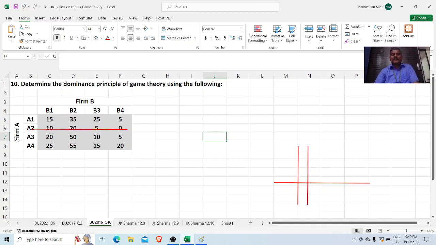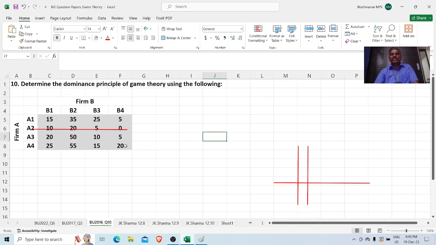We will compare A3 and A4. When firm B uses the first strategy, A4 gives 25 points gain for firm A, which is better than strategy A3, which is only 20 points. When firm B uses the second strategy, A4 gives better gains, 55 points. Then, when firm B uses the third strategy, A4 gives better gains.